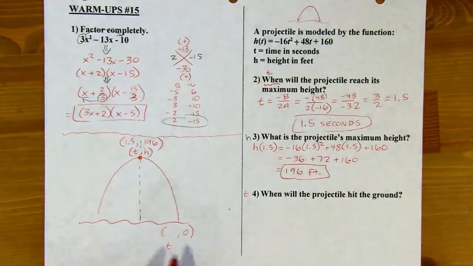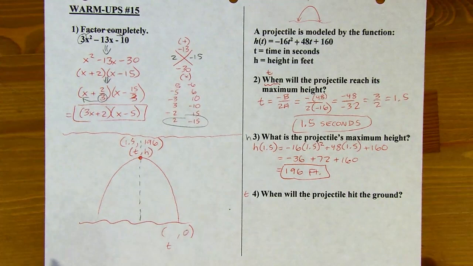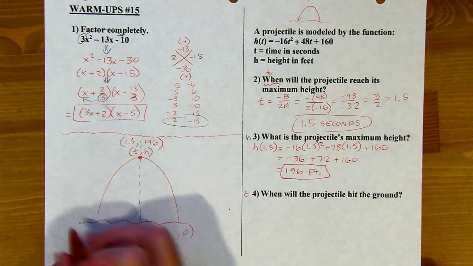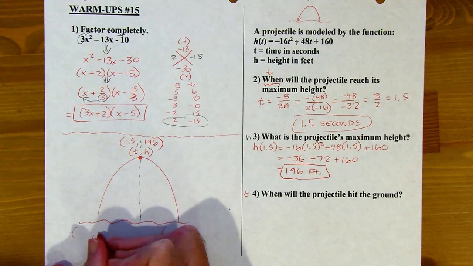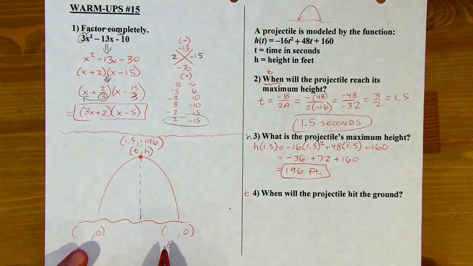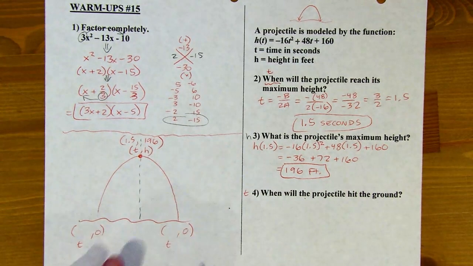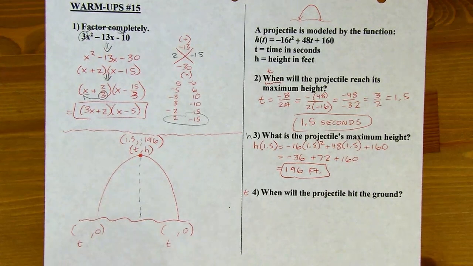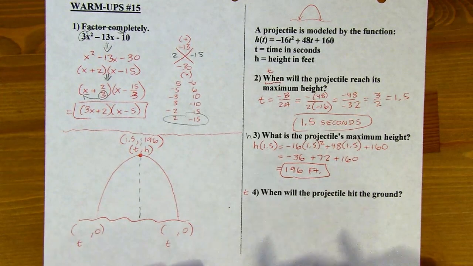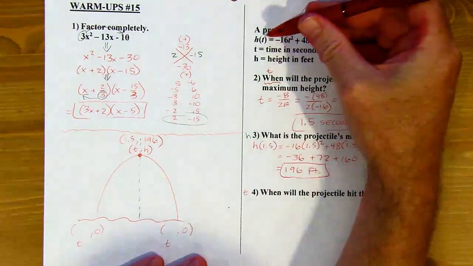So I'm looking for the t value down here. And you know, there's actually another place where it would be at a height of 0, which would be over here. So I might get two different t values. Okay, but I'm going to be plugging in 0 for the y coordinate here, which is the height. So I'm going to put 0 in for h of t.